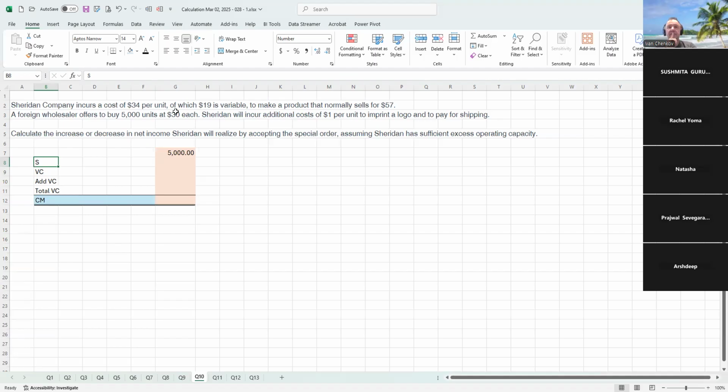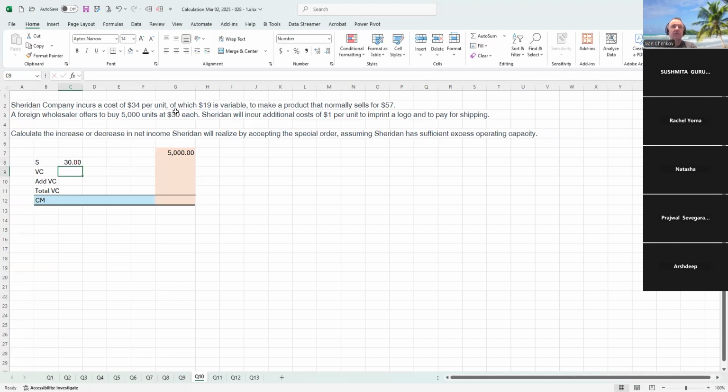Now the question is, in my normal selling, we don't care about the normal selling in this case. What we care about is how much this person is going to pay us per unit. Do we know? Yes, $30.